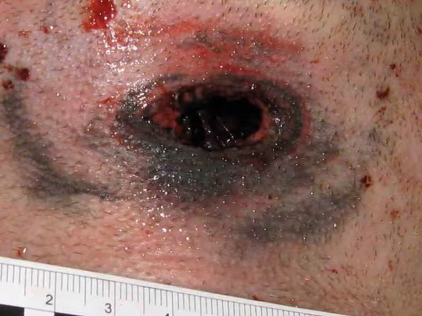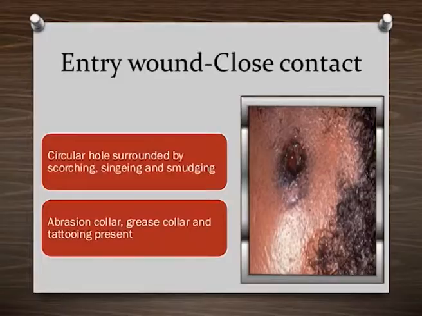It is caused by the spin and rubbing of the bullet with the skin and is seen around the bullet hole. Dirt or grease collar. It is formed by the deposition of grease and other foreign materials, for example dust carried from the barrel by the bullet. Apart from that, other features are also seen depending on the range of fire.